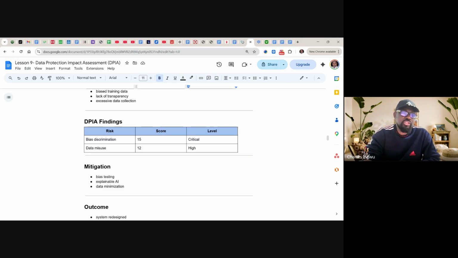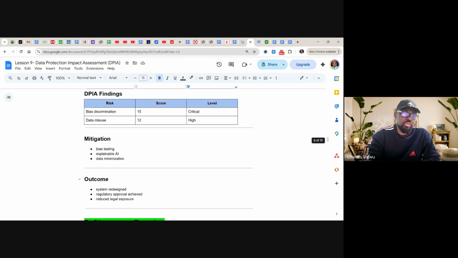So that is the data protection impact assessment finding, and mitigation is to carry out bias testing, explainable AI, and data minimization, reduce the amount of data we collect.